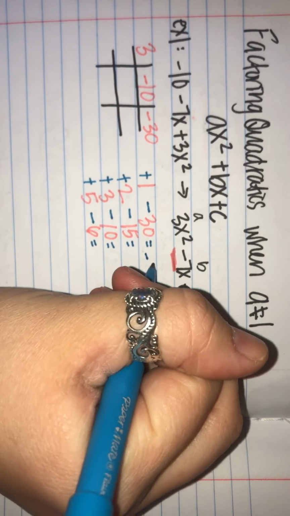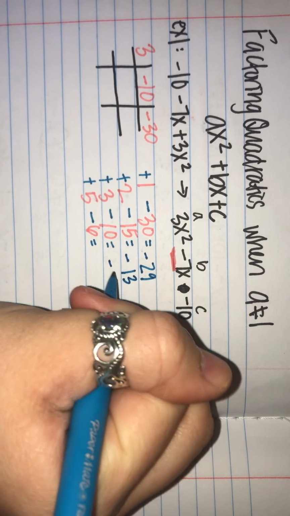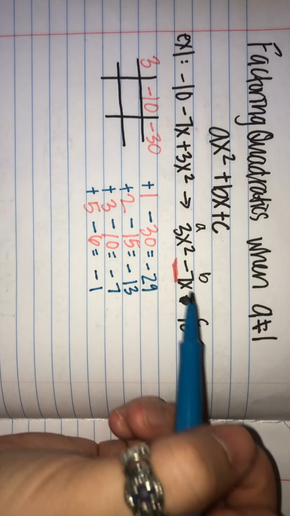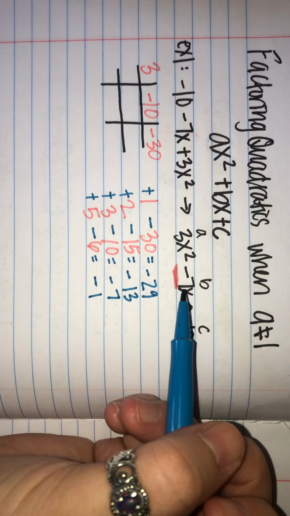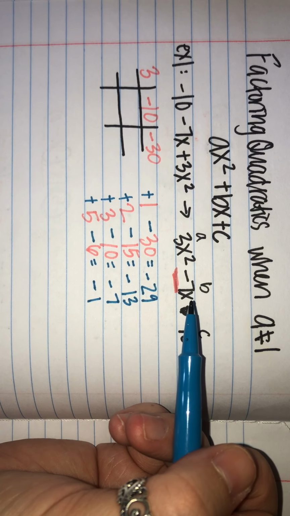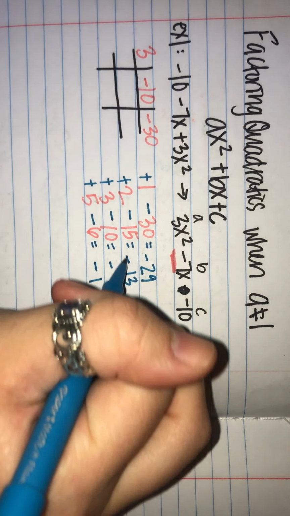Okay, this would give you negative 29, this would give you negative 13, this would give you negative 7, and this would give you negative 1. So which pair gives you negative 7? This pair would.